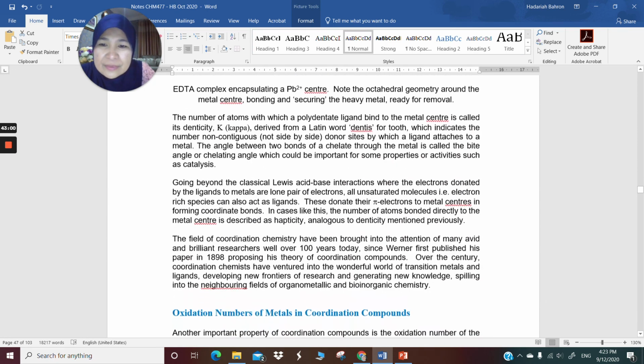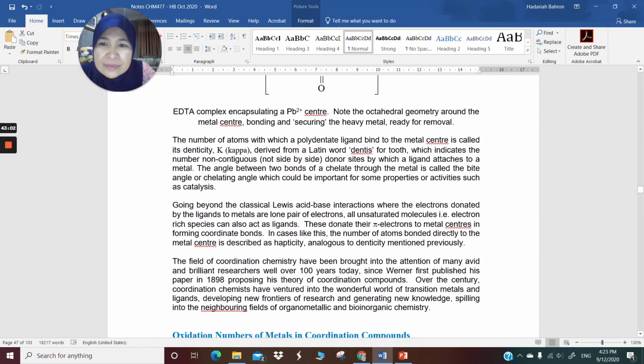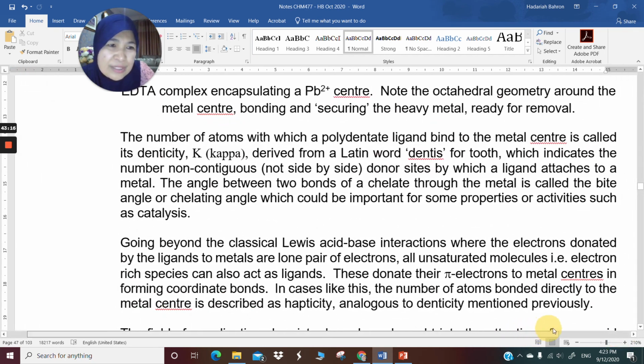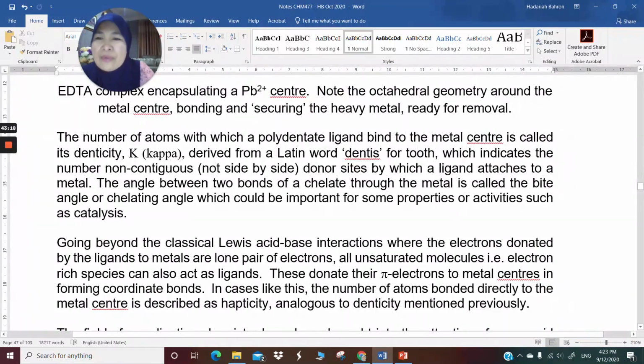So the number of atoms with which a polydentate ligand binds to the metal center is called its denticity or kappa, derived from the Latin word dentis for tooth, which indicates the number of non-contiguous, or not side-by-side, donor sites by which a ligand is attached to the metal.